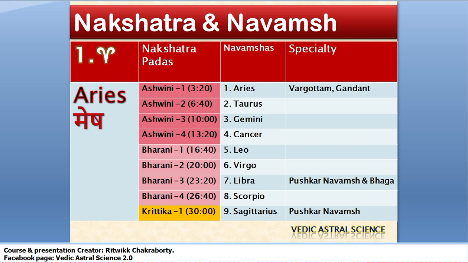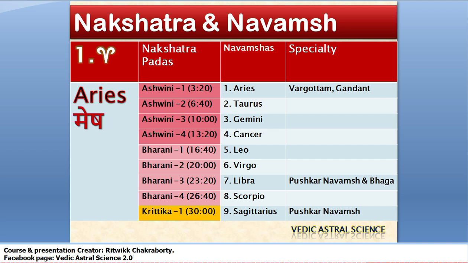Okay friends, now let us see the Nakshatra Padas, Navamsa and special dignities attached to some specific Navamsa or segment within the sign Aries. The first Navamsa of Aries is Vargottam because it occupies the sign Aries both in D1 and D9.